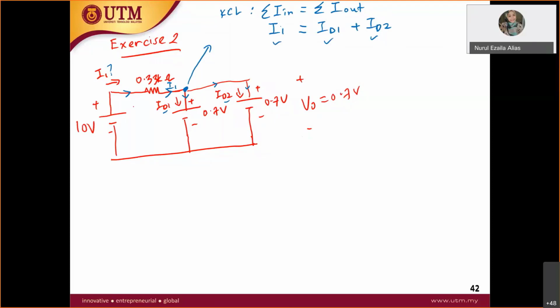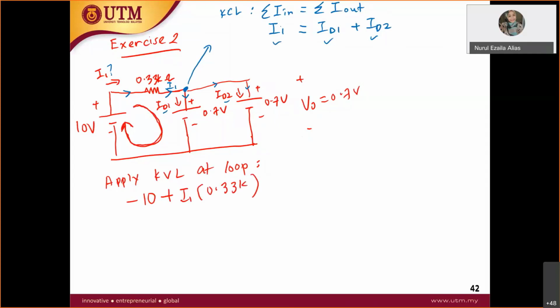The first way to solve is by using KVL. You apply KVL at the loop. So when you apply KVL at this loop, the first one, this arrow gives minus 10, and then plus current I1 times 0.033k, and then plus 0.7, equal to 0.